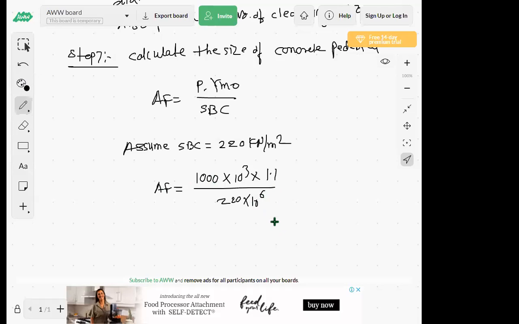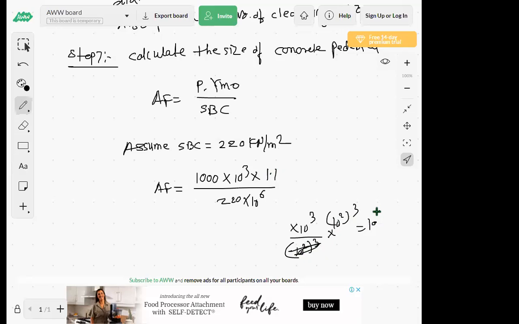10 raised to 6. Kilonewton, the conversion of kilonewton to Newton is 10 raised to 3. So divided by, meter square to mm square, it means 10 raised to 2 into 3. So we have to multiply by 10 raised to 2 into 3.